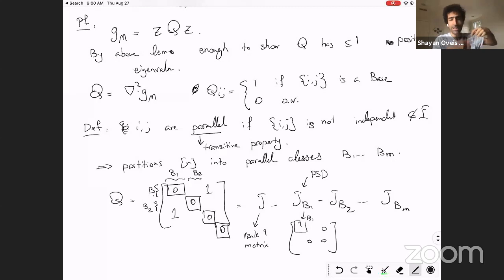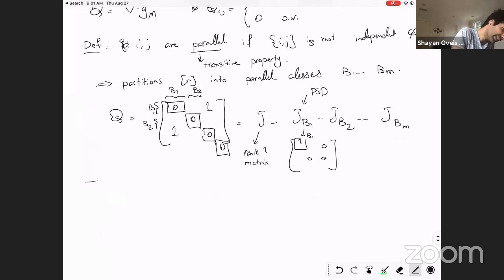In other words, minus the sum of the J of Bi's is a negative semi-definite matrix, and you're just adding a rank 1 matrix, and therefore that would only have 1 positive eigenvalue. To formalize it, you need to use the Cauchy interlacing theorem, which says that if you do a rank 1 update to a negative semi-definite matrix, it has at most 1 positive eigenvalue. I'm not going to get into details. You can see the details in the notes.